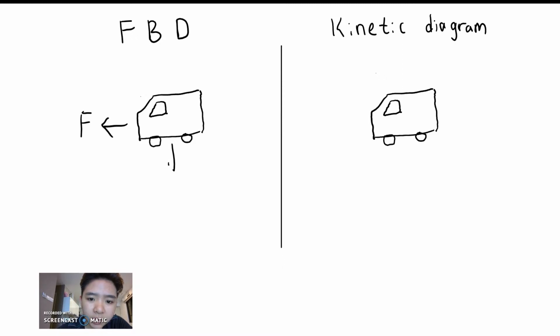The second force is the weight of the train itself, moving downward, and another force opposite to the weight, which is the normal force. For the kinetic diagram, we have F equal to ma in the left direction with a negative a because the train is decelerating.